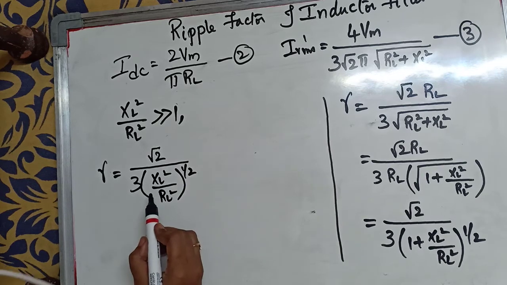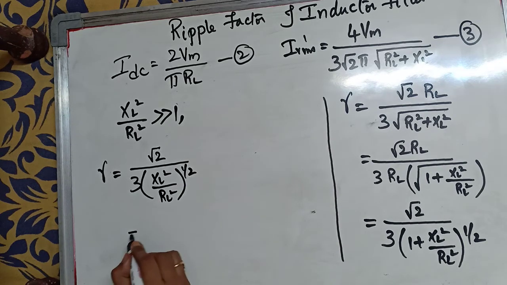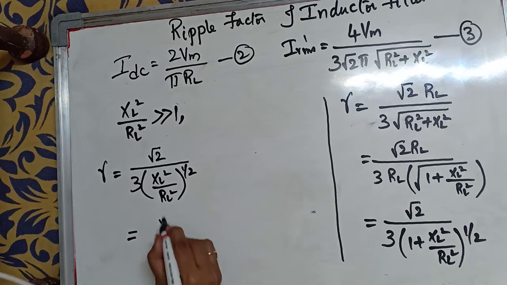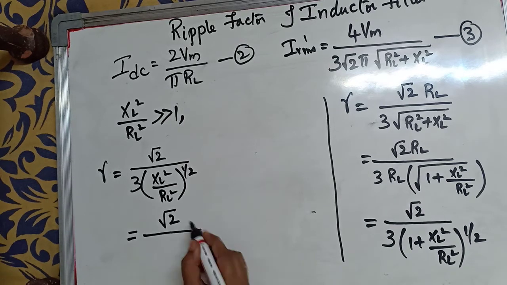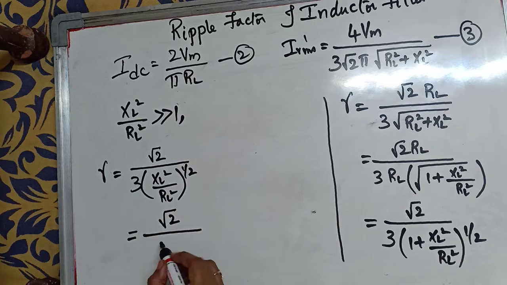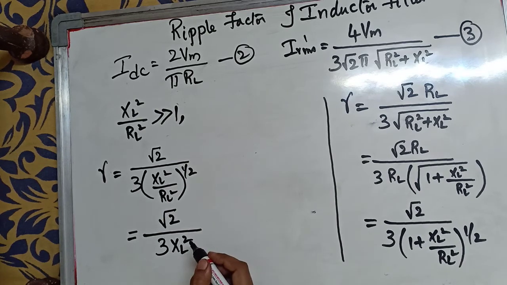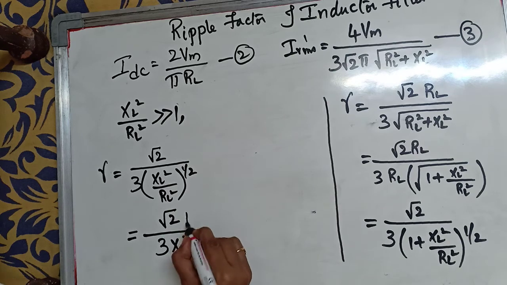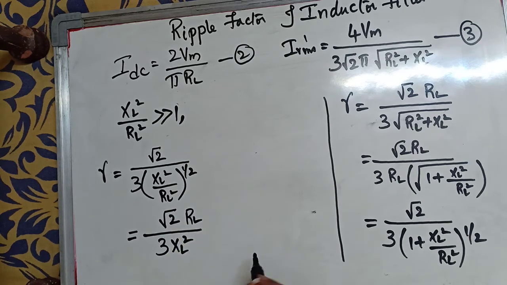Now I can substitute XL as 2 omega L. Before that I can cancel this root and square, so I will get 3 XL in the denominator and I can write RL in the numerator. So I will substitute XL.